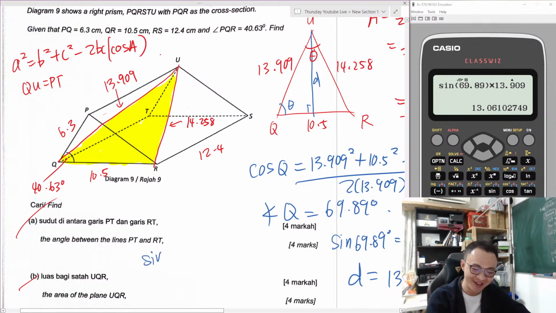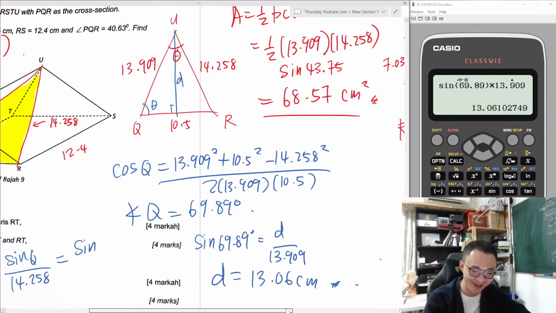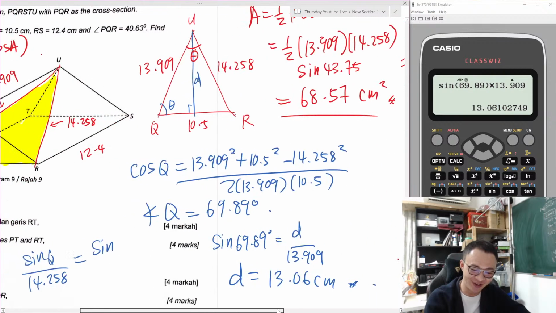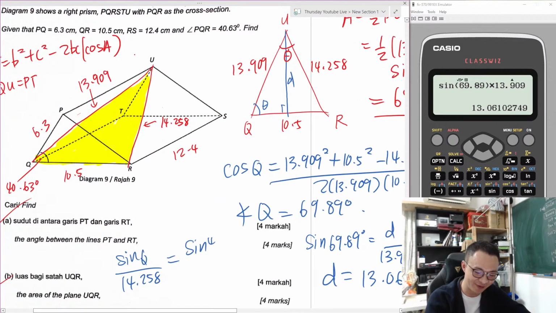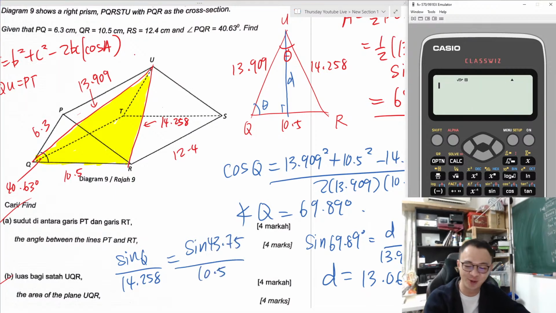Okay, so I will say sine Q over 14.258 equals sine of, just now the angle was what? 43.75, over 10.5. Yeah, the sine rule is a lot easier.